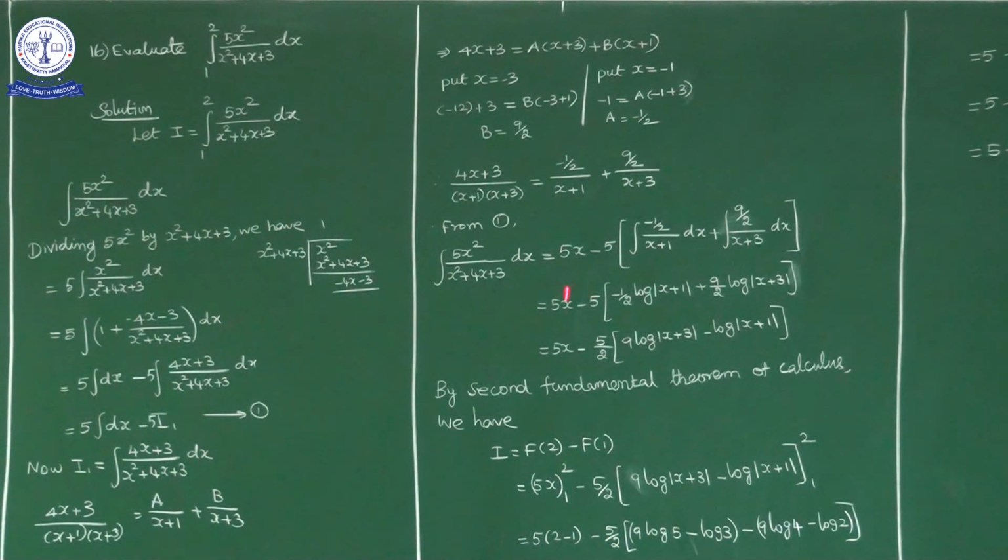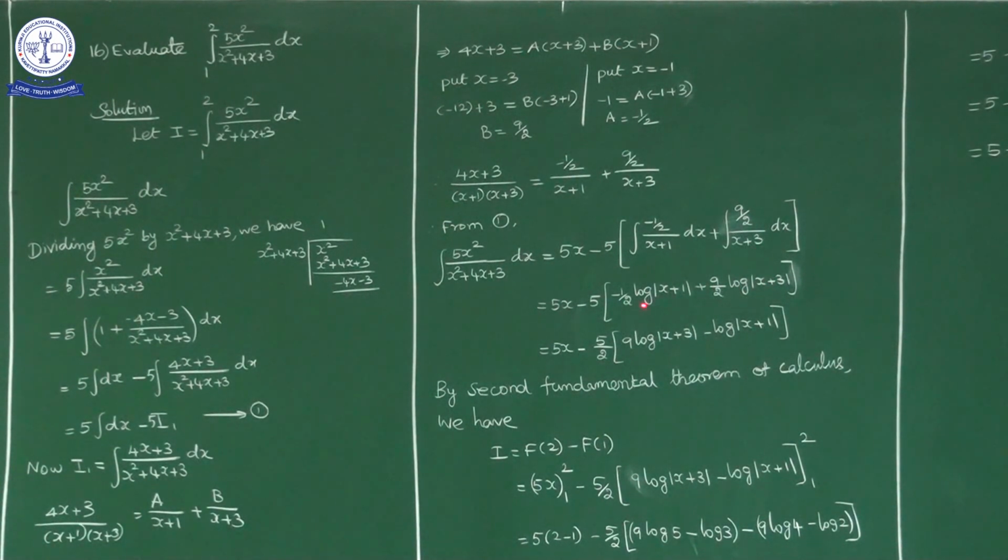Okay. So 5x minus 5 into, but the minus 1 by 2 constant I will write outside: minus 1 by 2 into integral 1 by x plus 1 dx. Integral 1 by x plus 1 is what? Log mod x plus 1. Plus, here 9 by 2 I will write outside, 9 by 2 into integral 1 by x plus 3 dx, which is log mod x plus 3.